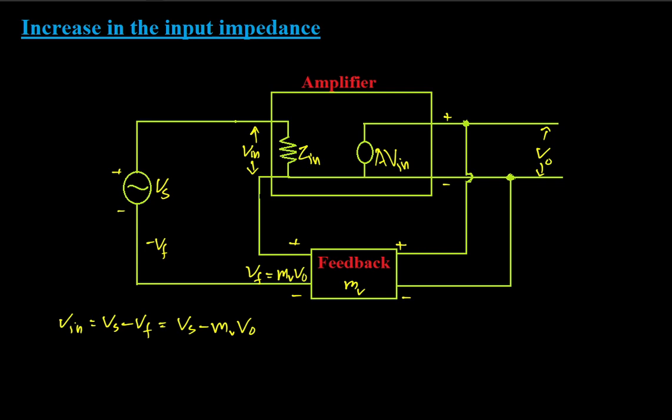Now let Iin be the input current flowing into the amplifier unit. Then we can write an expression: the input voltage appearing across the input impedance of the amplifier unit, with the current flowing through it being Iin.